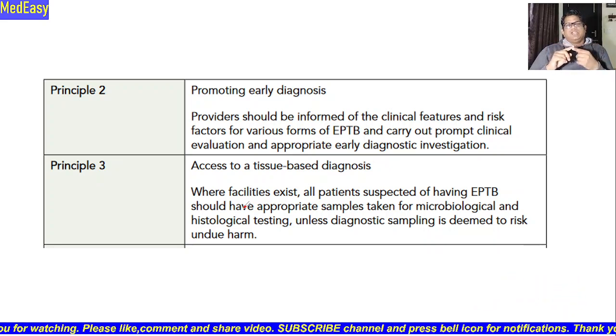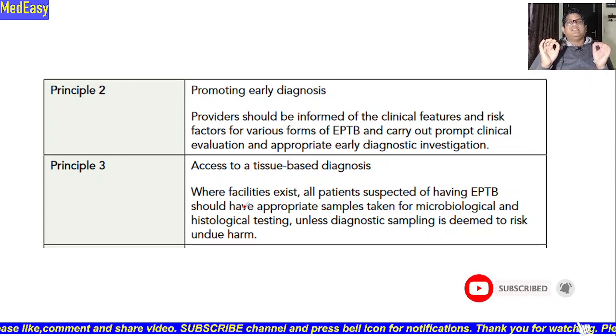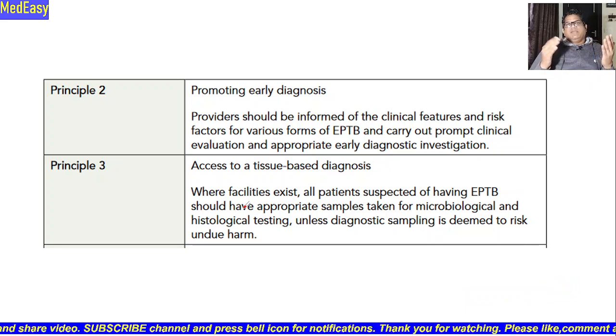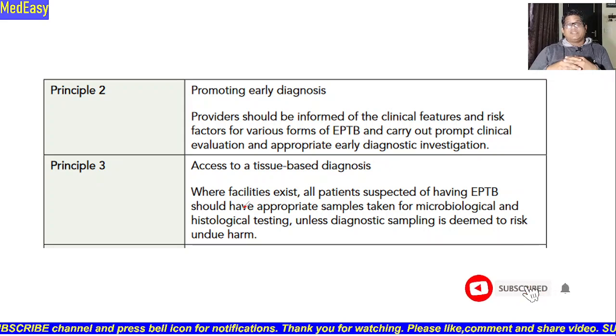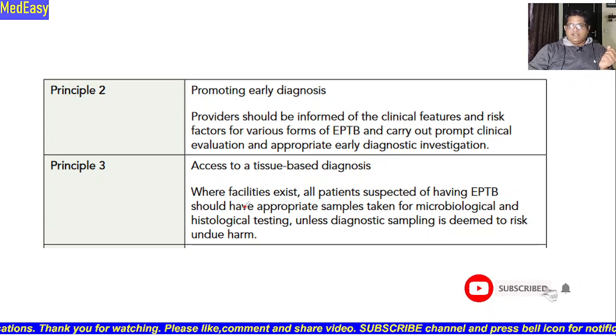Remember always that tissue diagnosis and microbiological diagnosis of tuberculosis are always superior to clinical diagnosis. Nowadays, we have ample investigations and resources available, so that we can establish a diagnosis of tuberculosis either microbiologically or by tissue diagnosis. So always try to establish a tissue or microbiological diagnosis to confirm the disease status. So that is principle number three.